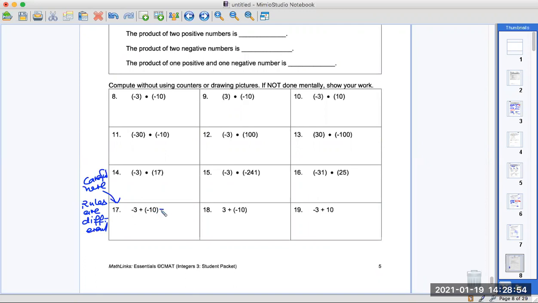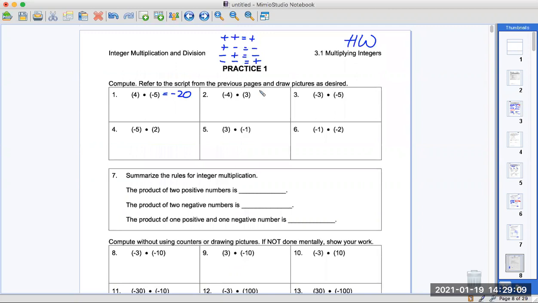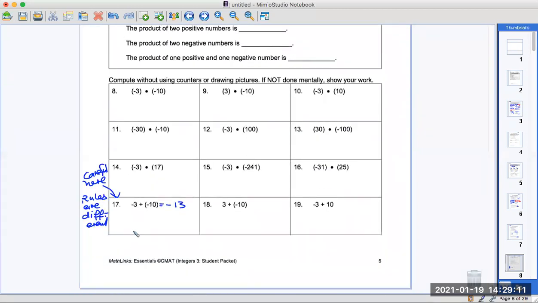Okay, so that would be negative 3 plus negative 10. Going back to your counters, you can say I owe $3 plus I owe $10 more. I owe $13. So in this case, you do not apply this rule up here because you're not multiplying. So different rule when you add. You have to switch gears and remember your lesson in the book Integers 2, the previous book.